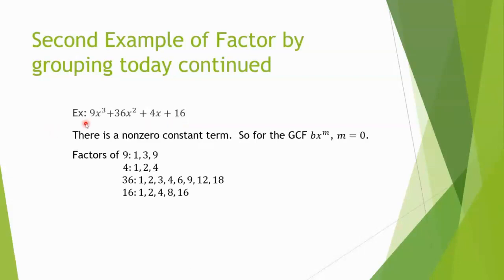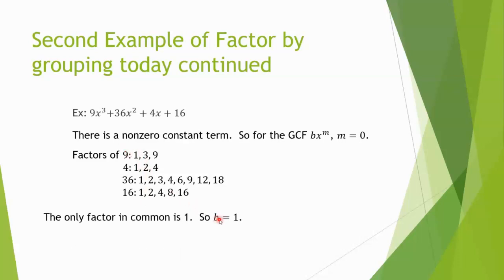And now let's get the factors of 9, 36, 4, and 16. In other words, we're trying to determine the greatest common factor of 9, 36, 4, and 16. I did list them already. Hopefully you can see by looking at the list that the only factor in common to all of these numbers, the coefficients and the constant term, is 1.